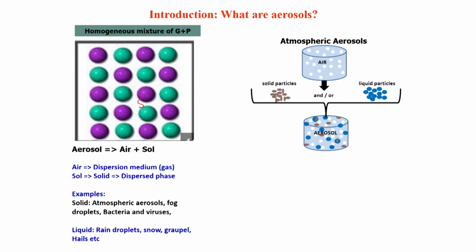In the daytime you do not see it because the temperature is warmer, so the water is in vapor form. When the temperature becomes cooler, the water vapor condenses and is deposited on the Earth's surface. This is what we call fog droplets, and we will see later how they are important. Then you also have bacteria and viruses.